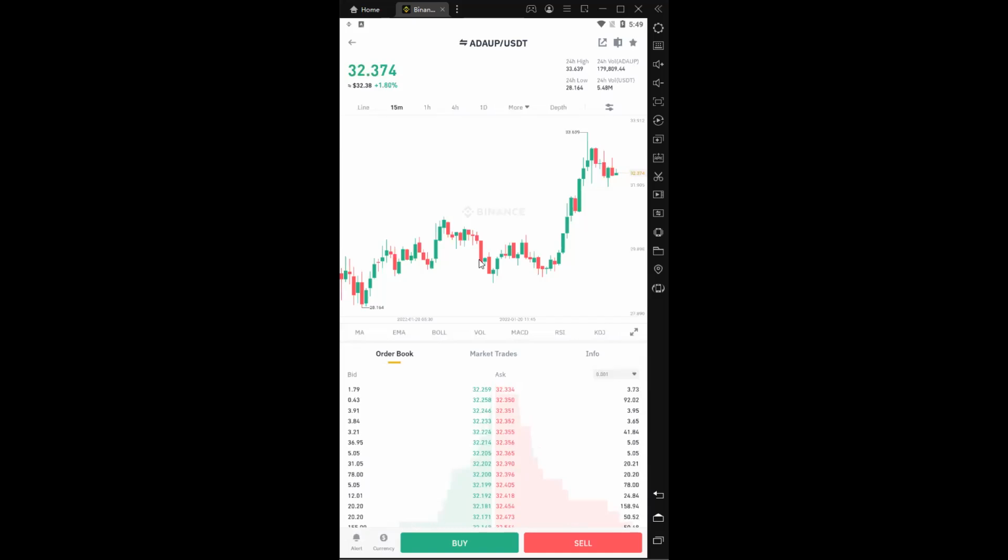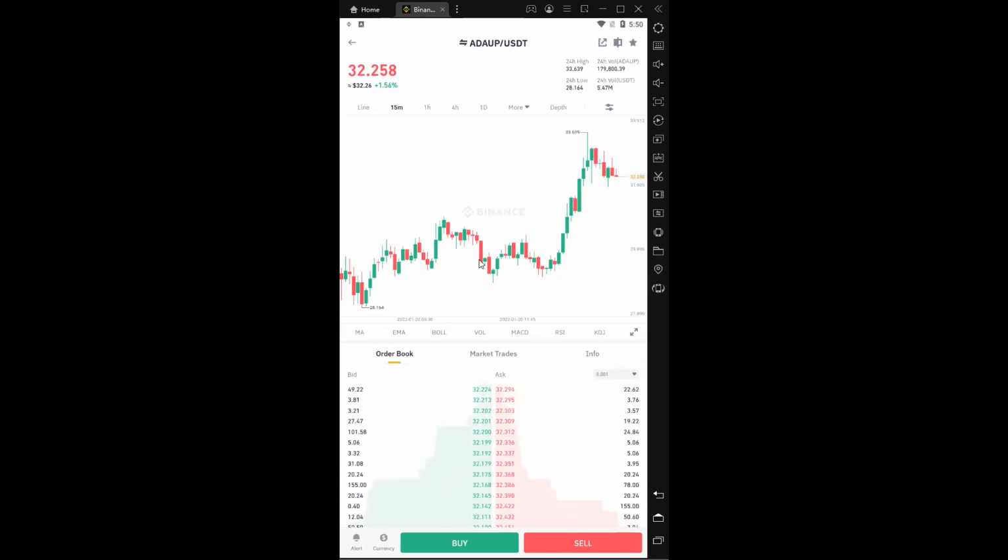So if I'm buying $10 worth, it means I'm buying $30 worth of the usual ADA coin. So whatever happens to the usual ADA coin, I'll be getting times 3 of it.